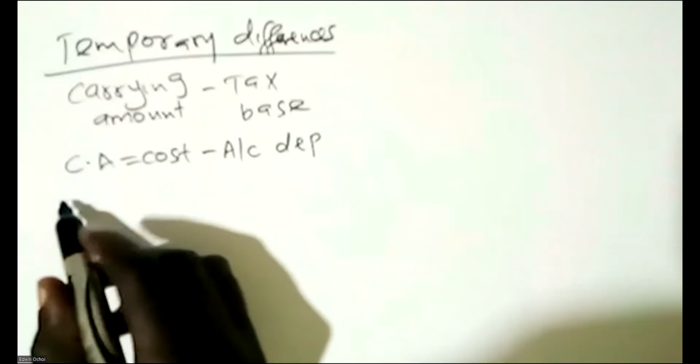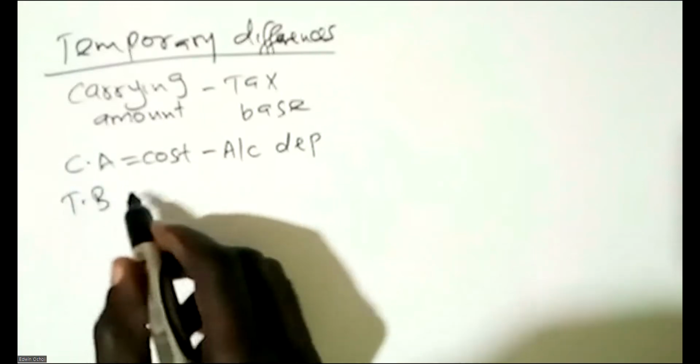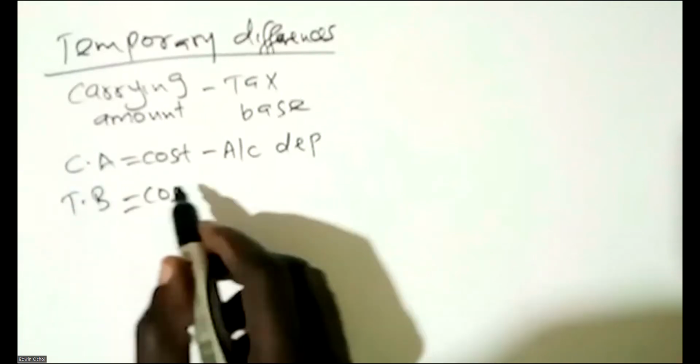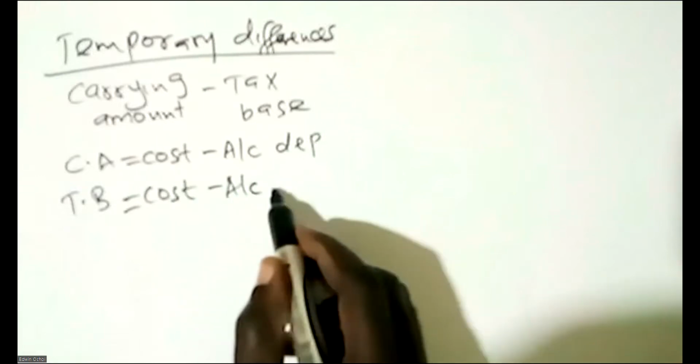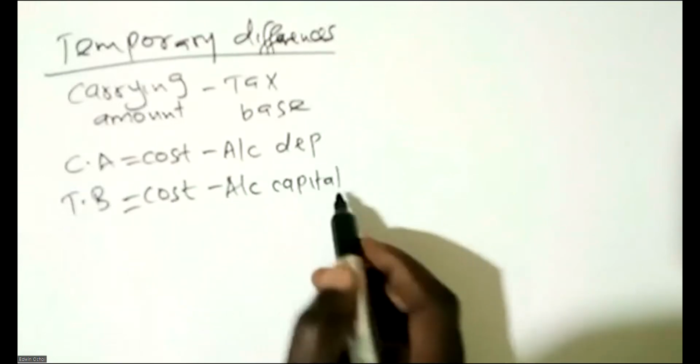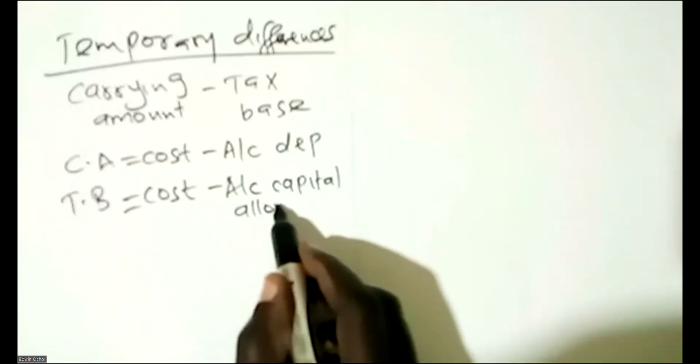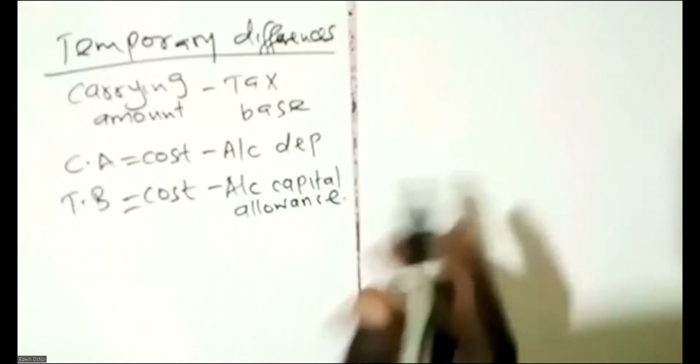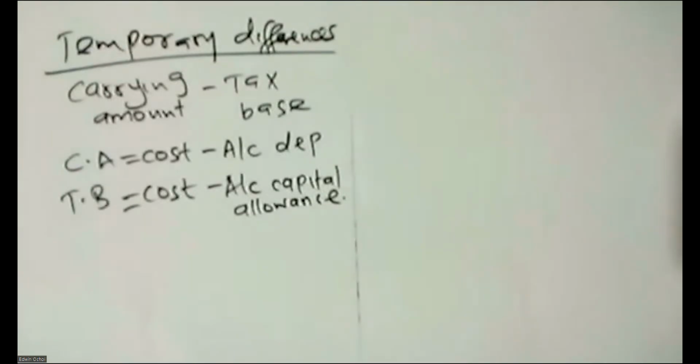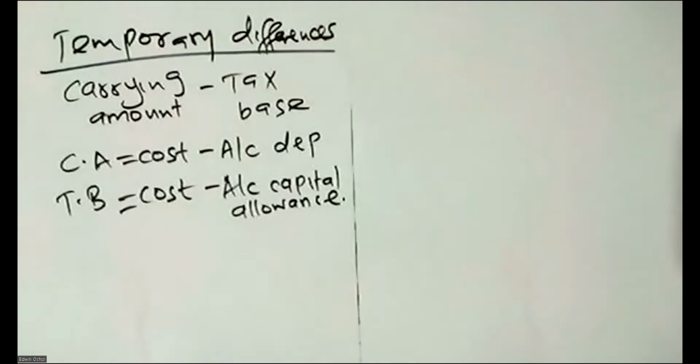Then the tax base is the cost minus accumulated capital allowance. Cost minus accumulated capital allowance is the tax base, while the carrying amount is cost minus accumulated depreciation.